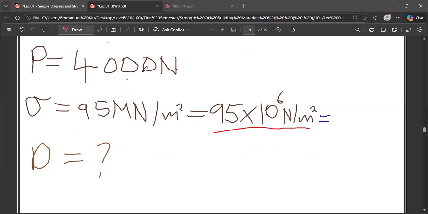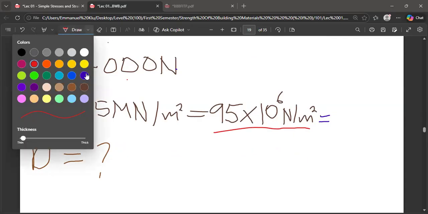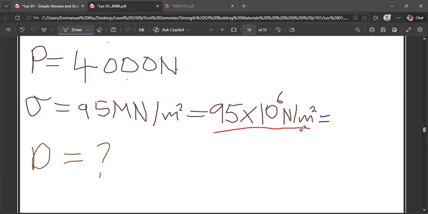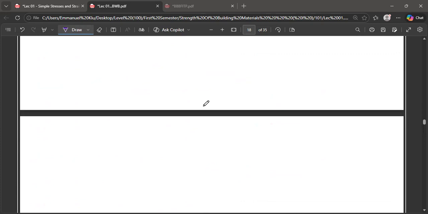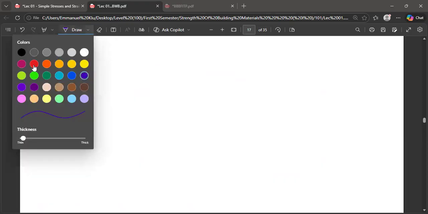Okay, and this is where I needed the most. So without beating about the bush, let's see how we can convert this into Newton per millimeter squared. So over here, let's say we have 95. So let's begin from just this page.